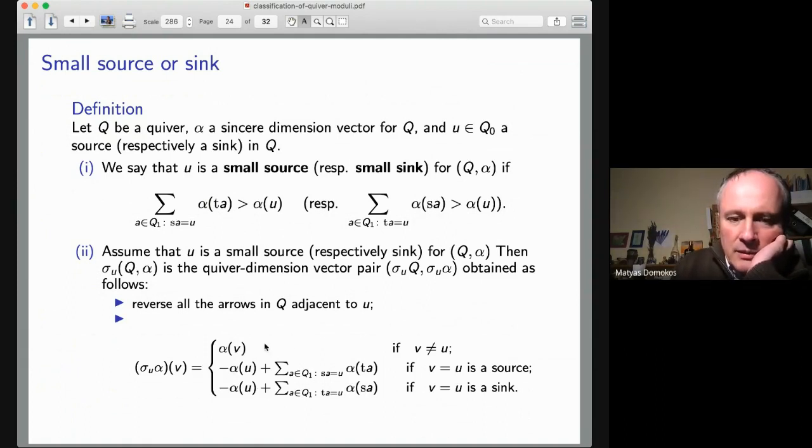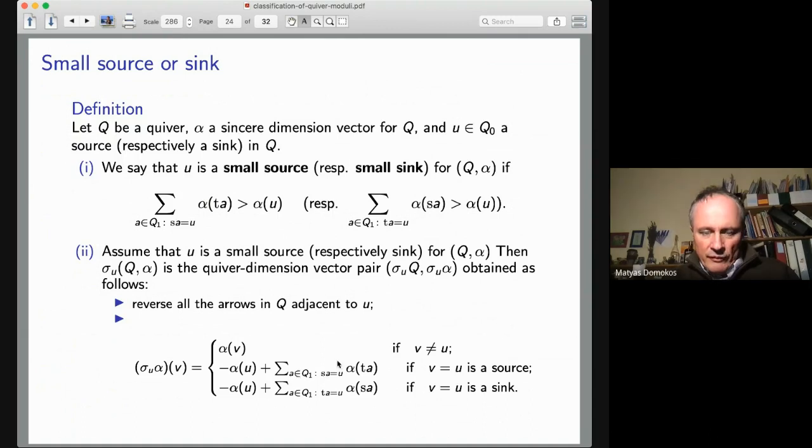So the dimension vector remains the same for all vertices different from U, and at U we take the difference of the two sides in these inequalities.